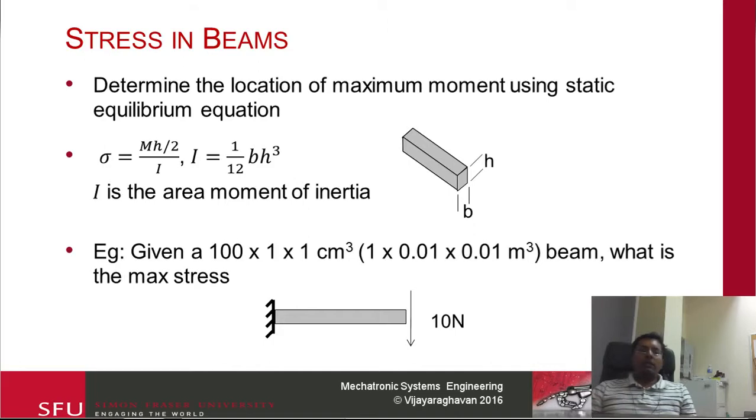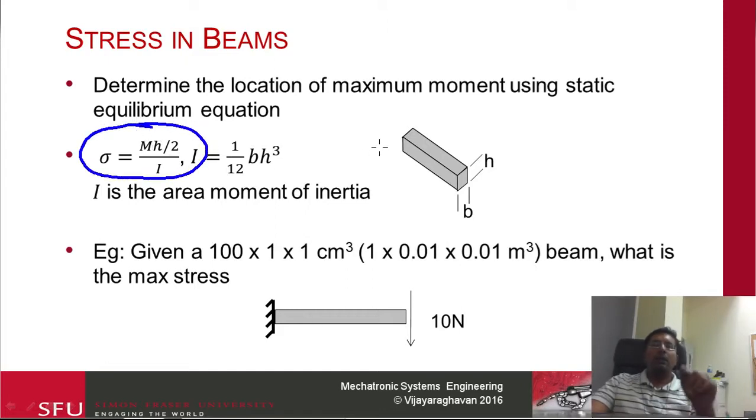So the way it works is typically you take a beam, calculate the bending moment, which is denoted by M at one particular section. Once you have the bending moment, you can use this formula: sigma is M h/2 by I, where I is the area moment of inertia given by 1/12 b h cube for a rectangular beam.